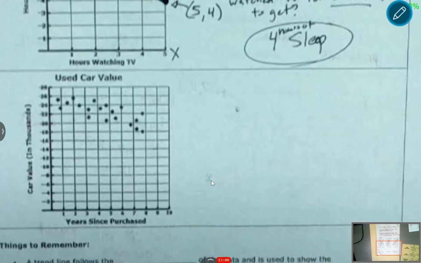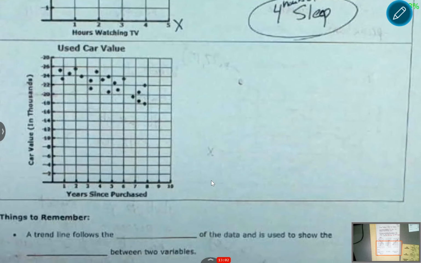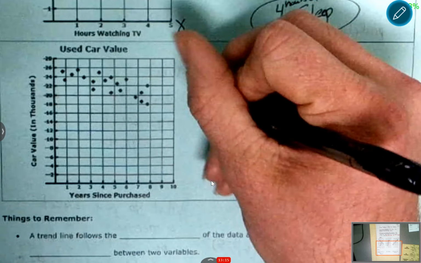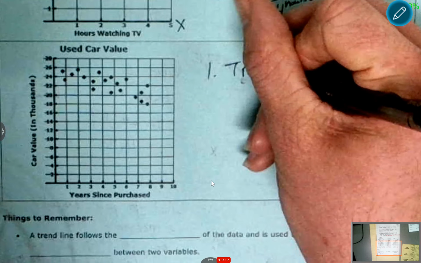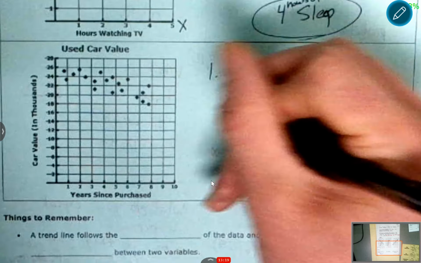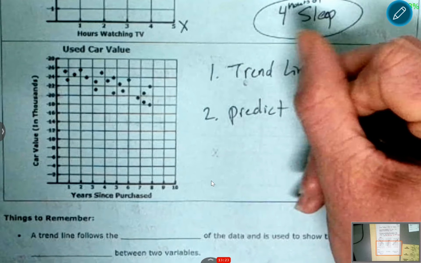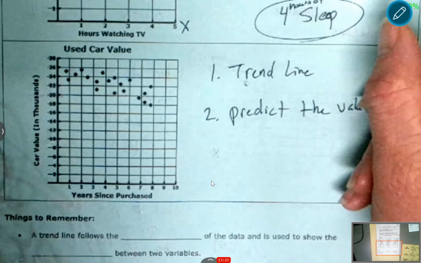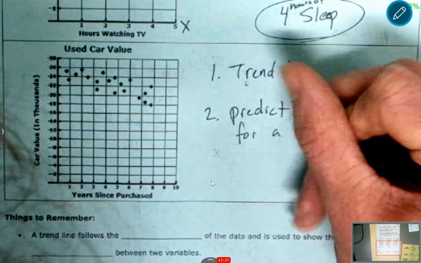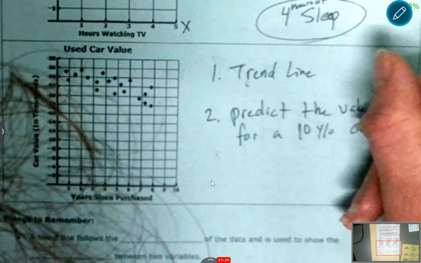Okay, let's do one more example. So again, now we're looking at a used car value. So the years since it was purchased, and then the car's value in thousands of dollars. So again, first thing is a trend line, and then I want to predict the value for a 10-year-old car.